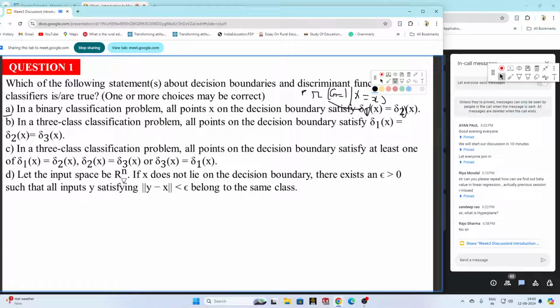And D, let the input space be R^n. If x does not lie on the decision boundary, there exists epsilon greater than 0 such that inputs y satisfying norm of y minus x less than epsilon belong to the same class. So any guesses?